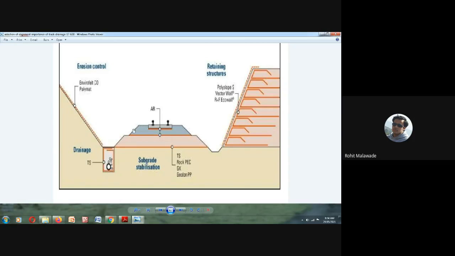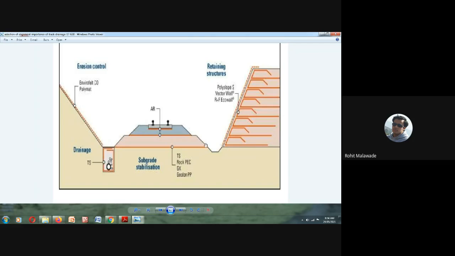See, if we have this formation level, the formation level for ballast or for your subgrade, and we don't do the drainage, then whatever rain comes, if we don't have this particular drainage facility, what may happen? It may enter into your formation level or into your subgrade, and it is going to weaken your railway track. So there is a necessity to provide it.